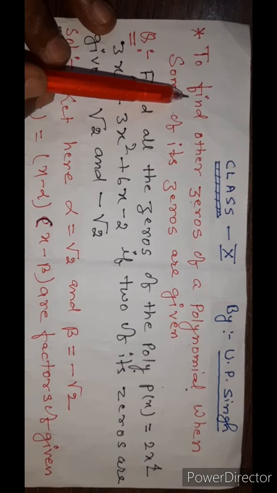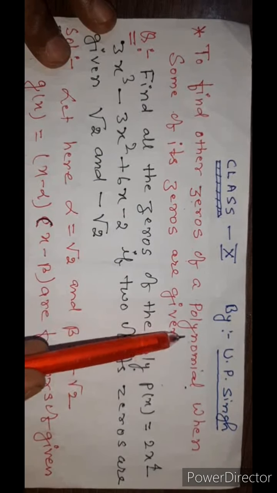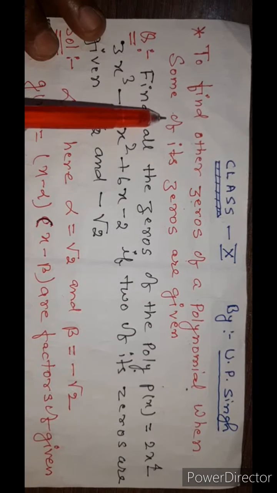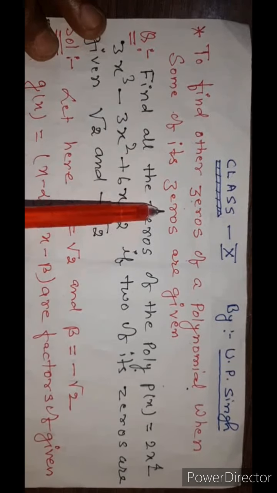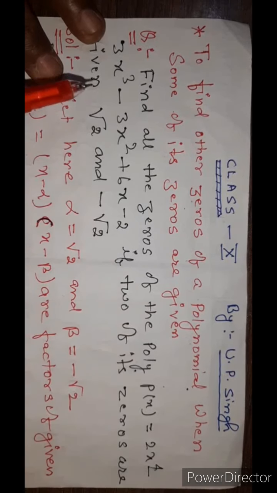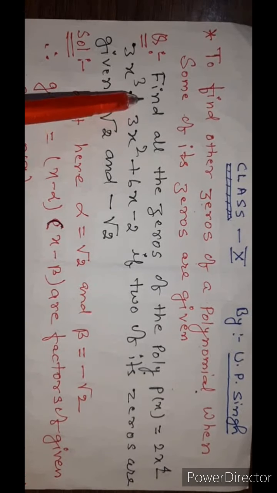To find other zeros of a polynomial when some of its zeros are given. So I have taken a question. Look at here.